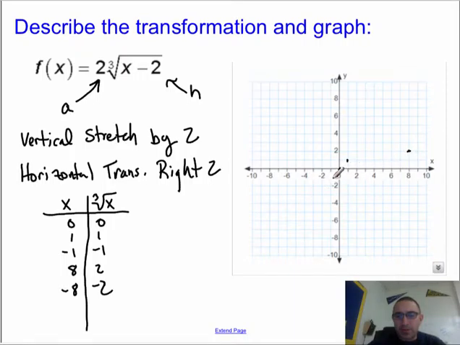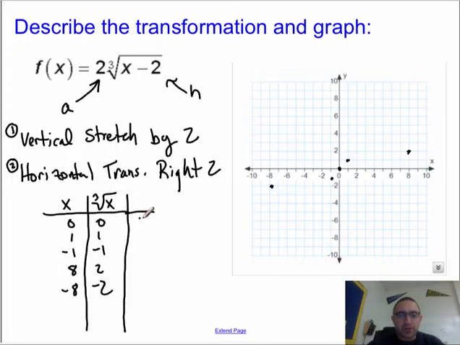Okay, I'm going to transform this function right there. That's the original. And my rule of thumb is order of operations. So I do vertical stretches first, then horizontal translation to the right. Okay, so every y value here is going to get multiplied by 2.